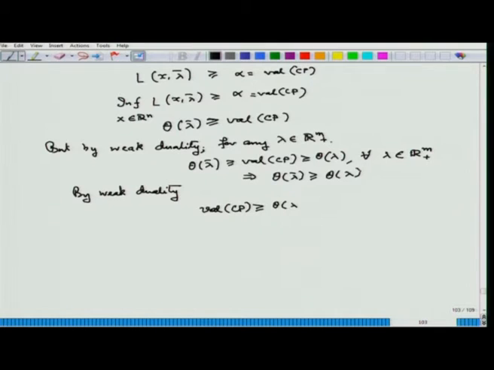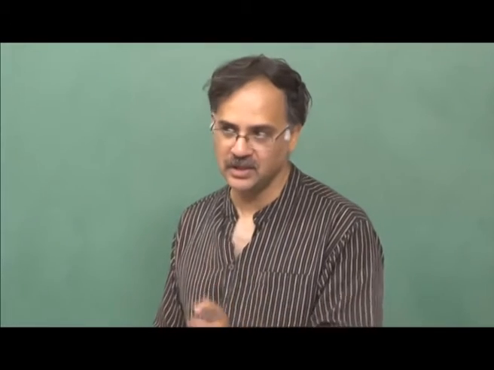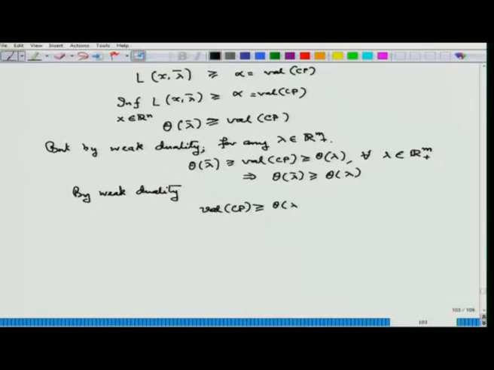So, you have a lambda bar which maximizes theta. So, you know the dual maximizer exists, there is a lambda bar for which the dual function is maximized. But you also have here that by weak duality, value of Cp is greater than or equal to theta of lambda bar.